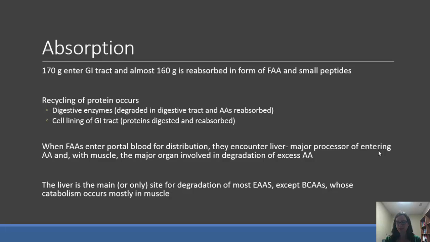So a couple of examples of how this occurs is with our digestive enzymes. So we use our amino acids to build our proteins into digestive enzymes, but then once these are secreted into the digestive tract, we degrade the enzymes, and then we're able to reabsorb these amino acids from that degradation.